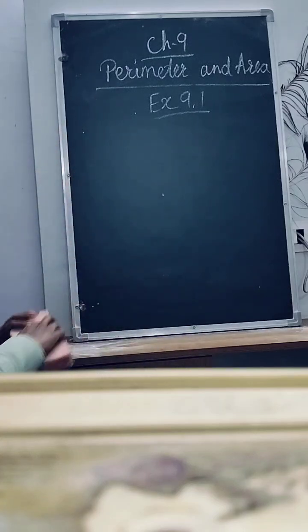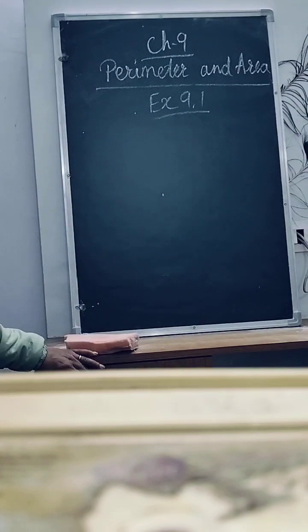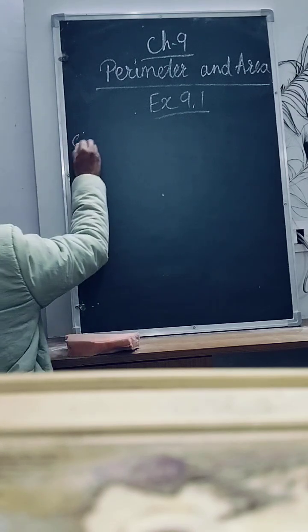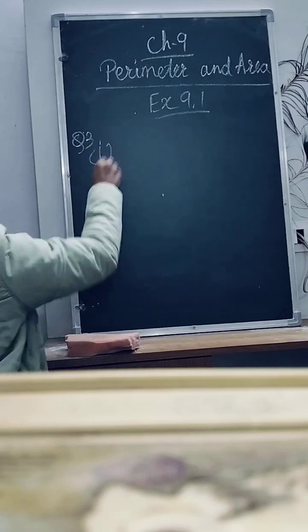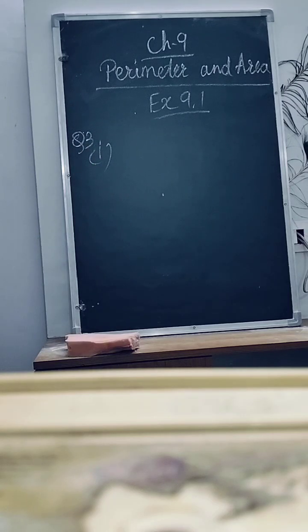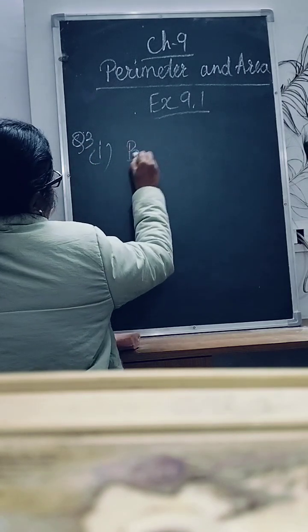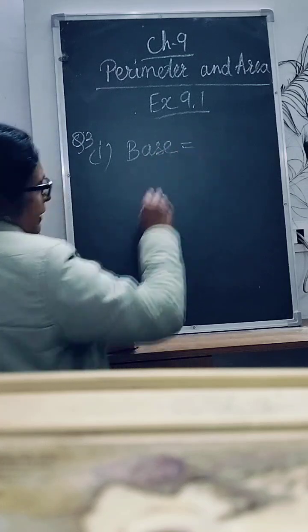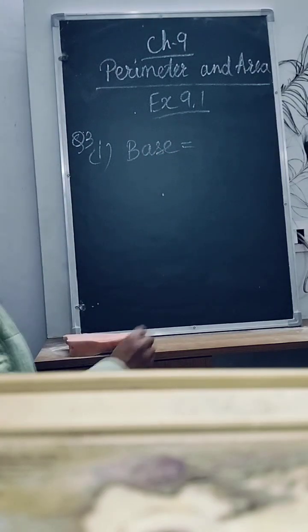In question number 3, they have given us the question in the form of fill in the missing values. So first, in the first part, you can write what is given to you. Base is given to you as 20 centimeter.